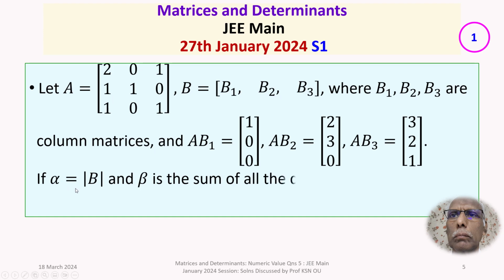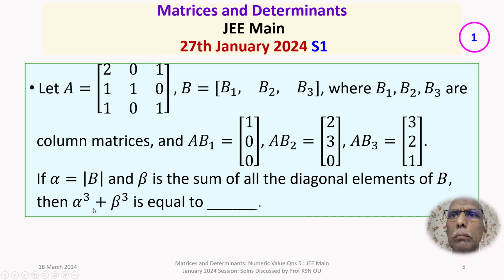If alpha is equal to the determinant of B and beta is the sum of all the diagonal elements of B, then alpha cube plus beta cube is equal to.